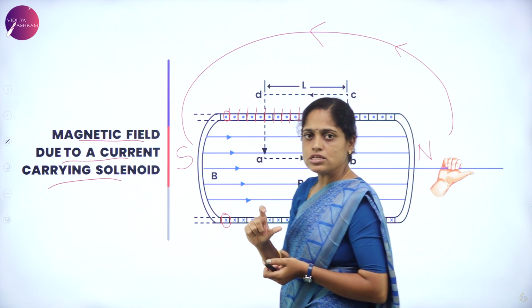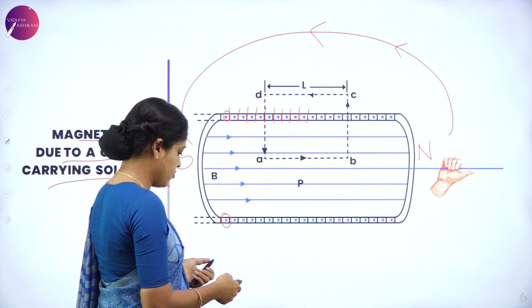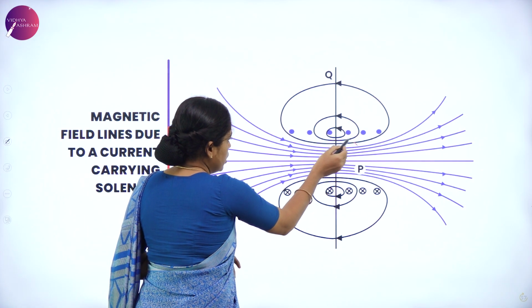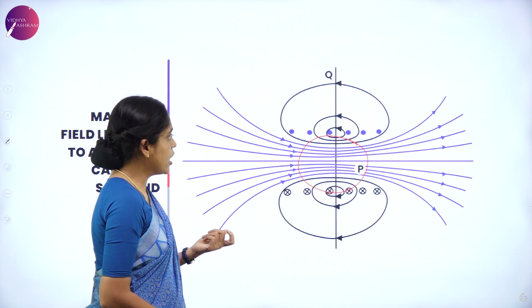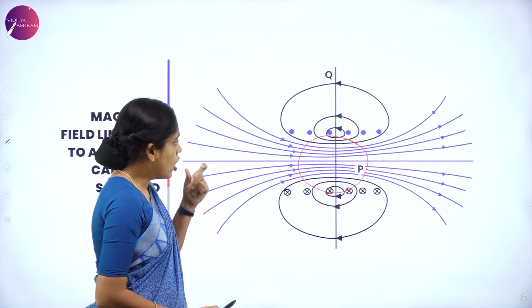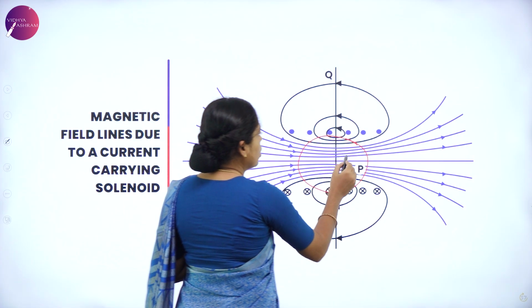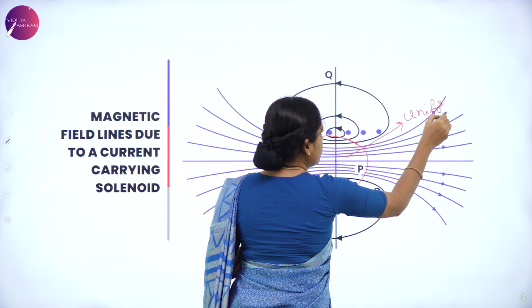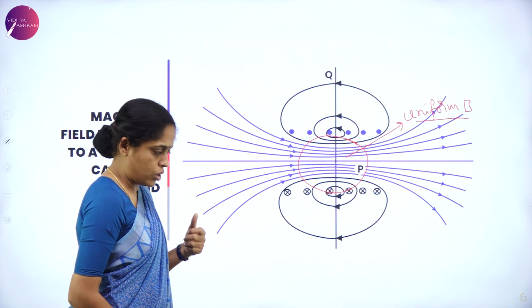Inside the solenoid, you can observe the magnetic field lines in the previous picture. Observe this: here the number of field lines is more and they are crowded, and they are almost parallel to each other. Therefore, the magnetic field inside is uniform. Uniform magnetic field inside the solenoid.